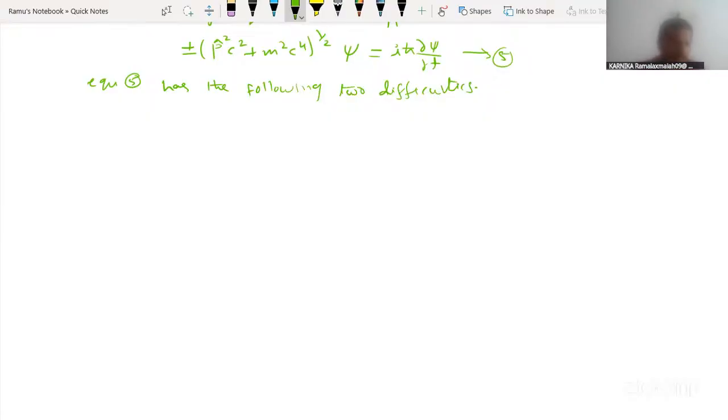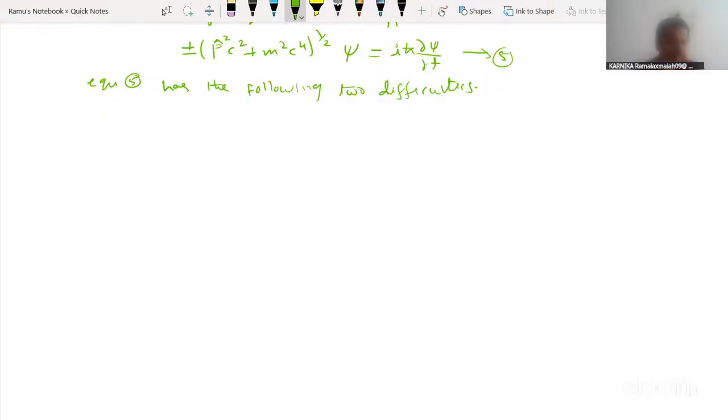One is it is difficult to interpret the positive and negative sign. According to quantum mechanics, the energy of the particle can change discontinuously and negative energy should be considered.